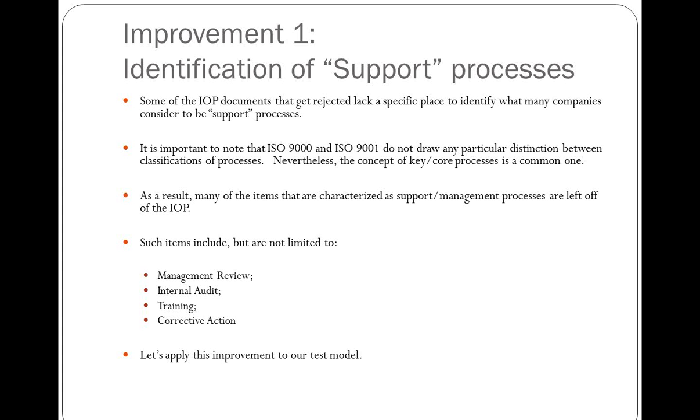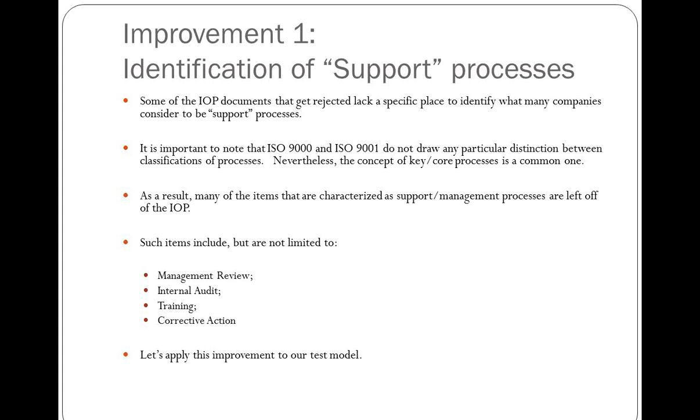You don't have to say that a support process versus a core process. However, it is still a rather common thing that companies do to have core processes and support processes. So what happens is, because the support processes are viewed as less important, they end up getting left off of the IOP. So what are we talking about when we talk about support processes?